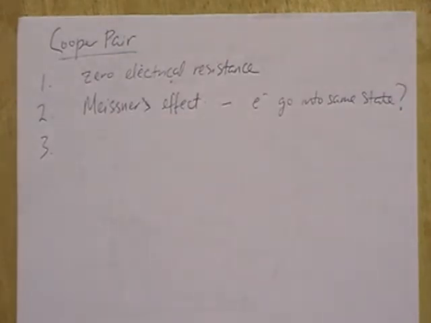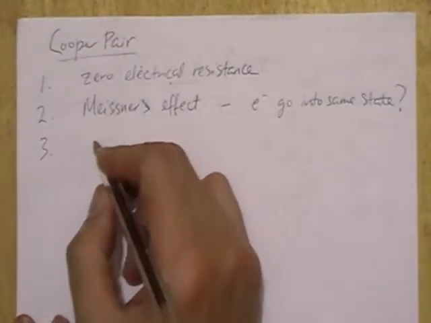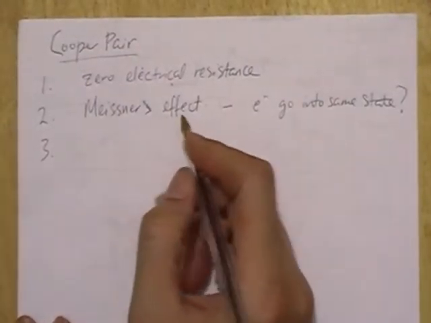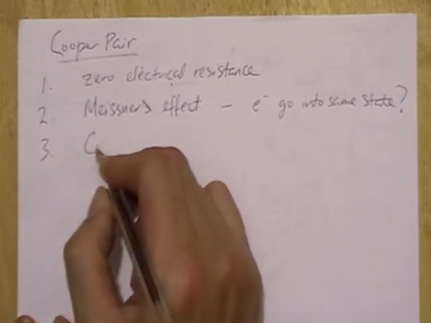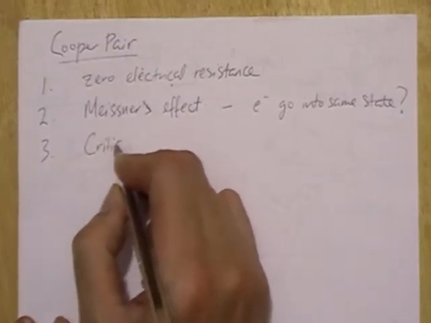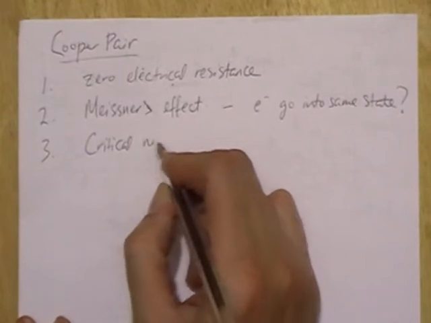The next item, number 3, would be the property that there is a critical magnetic field.